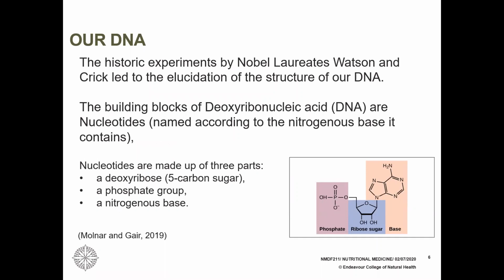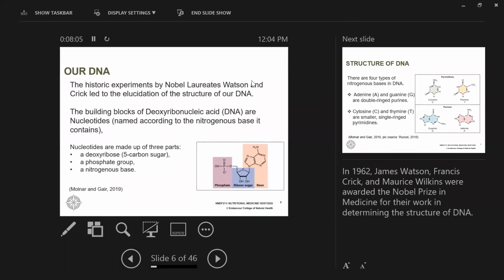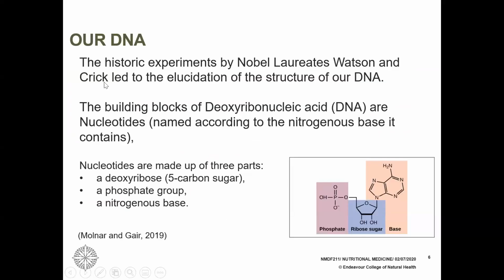So we all know that the people who discovered the structure of DNA, Watson and Crick, long back in the 1960s, received the Nobel Prize. And the DNA, that is deoxyribonucleic acid, has bases.